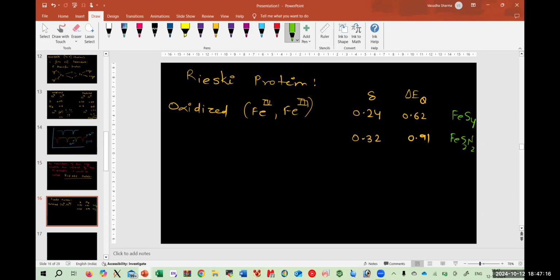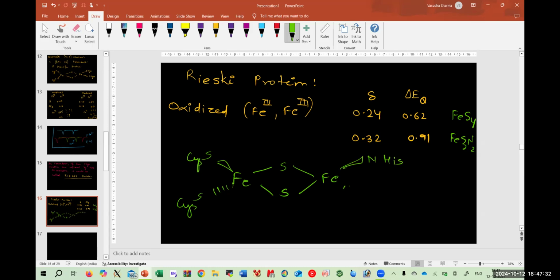What I said is we have iron here, this is sulfur, here it is bound with cysteine, and here it is bound with N-histidine and N-histidine, right?